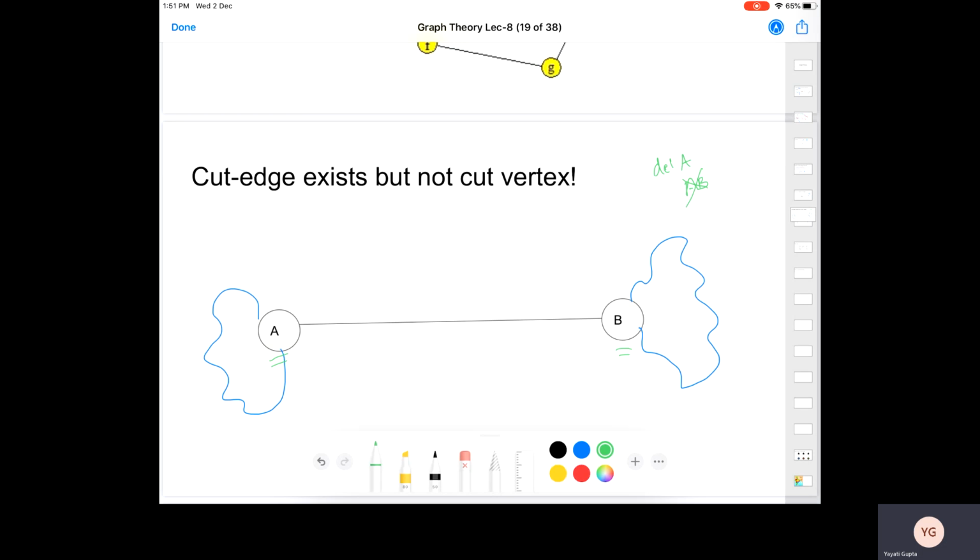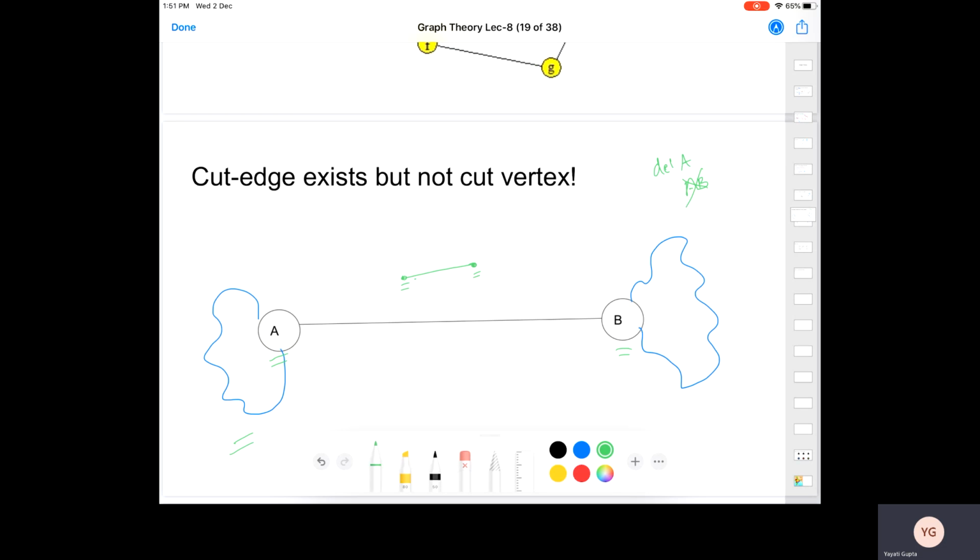It means that A and B both should be cut vertices. So if an edge is a cut edge, then both of its endpoints are actually cut vertices, with one exception. It will hold for almost all graphs, but there is just one exception to it.